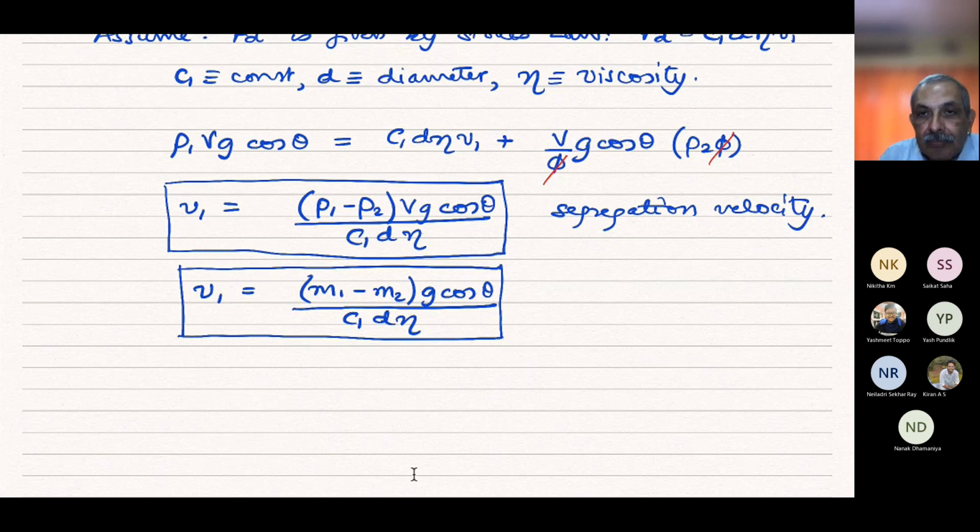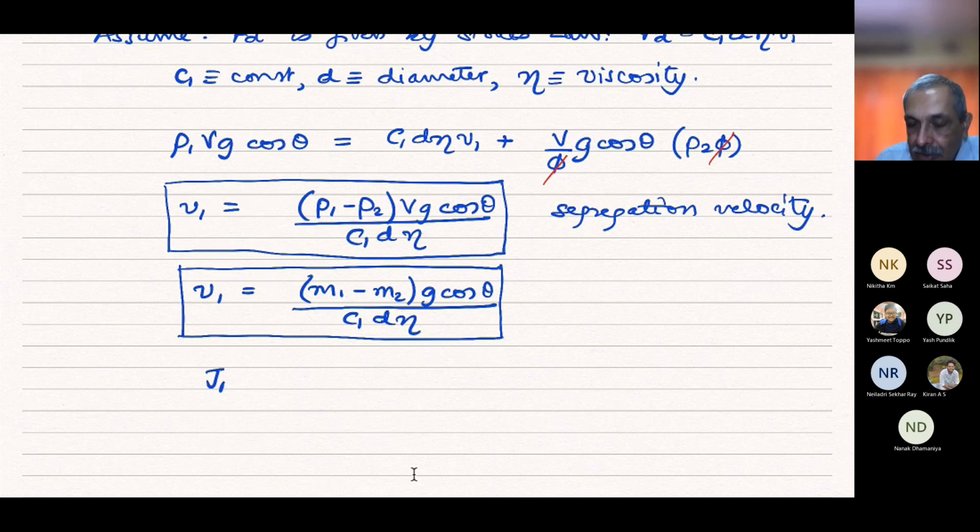So now what we'd like to find out is, supposing we wanted to calculate what is going to be the flux. Instead of segregation velocity, if I want to call it a segregation flux, I'm going to call it J1.